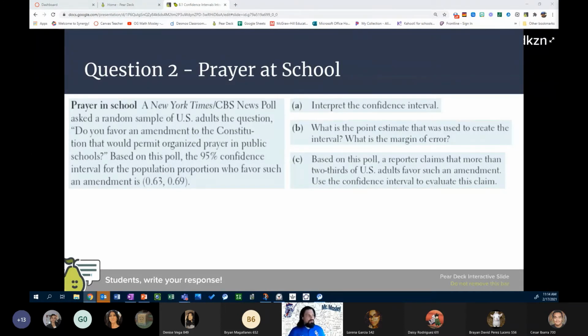Alrighty, guys. We're going to talk about this one. I know that many of you are still in the process of working on this one, but in the interest of time, I'm trying to keep us moving so that we can see lots of problems. So many of you have answers for part A, interpreting the confidence interval, and many of the interpretations I saw were very well done and written properly.